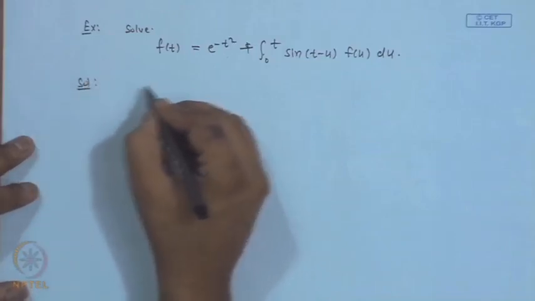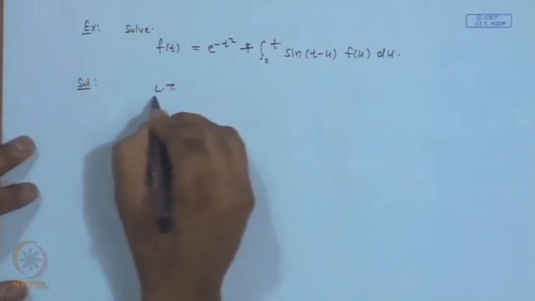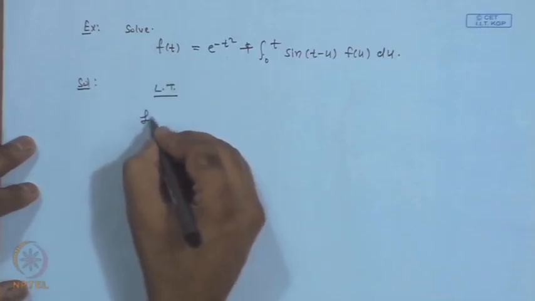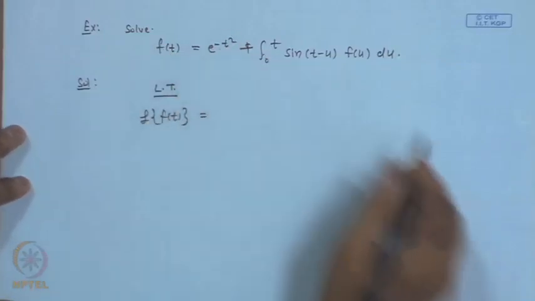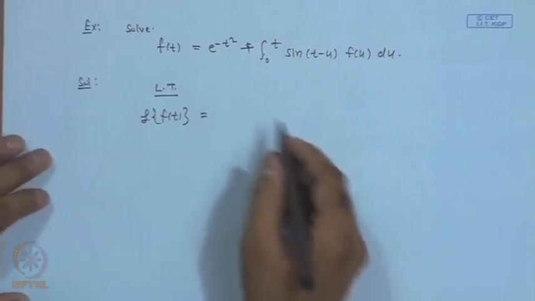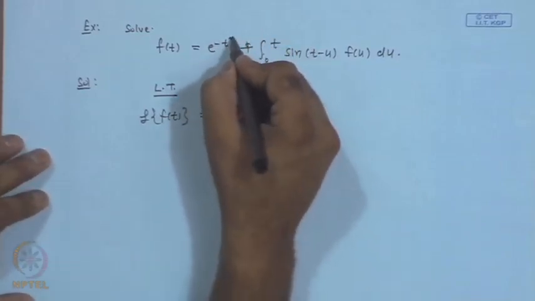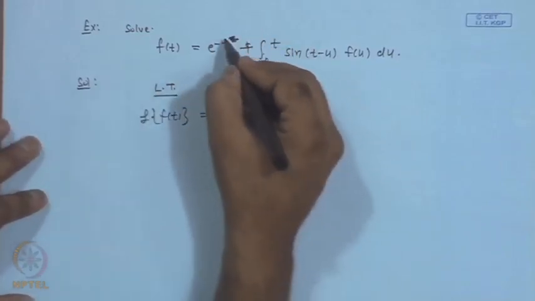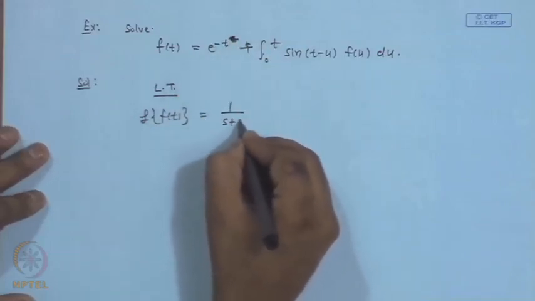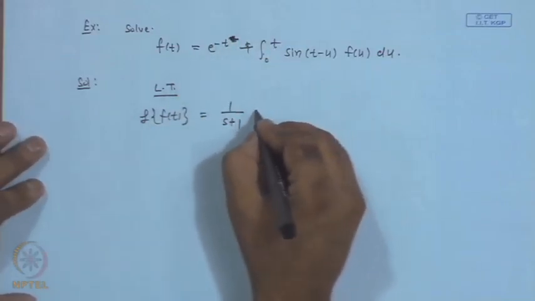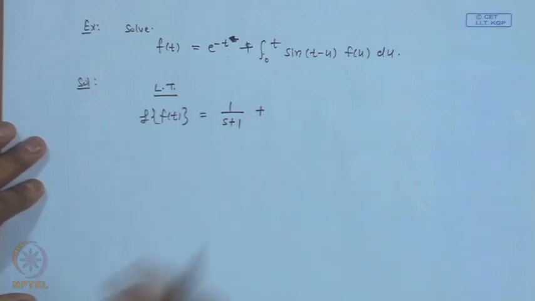Solution: if we apply the Laplace transform to this equation, we will get the Laplace transform of f(t), and the Laplace transform of e^(-t), this is e^(-t), not t square. So, e^(-t), its Laplace transform is 1 over s plus 1.